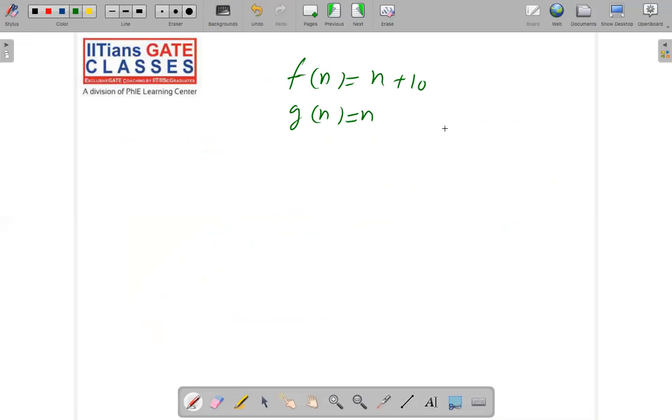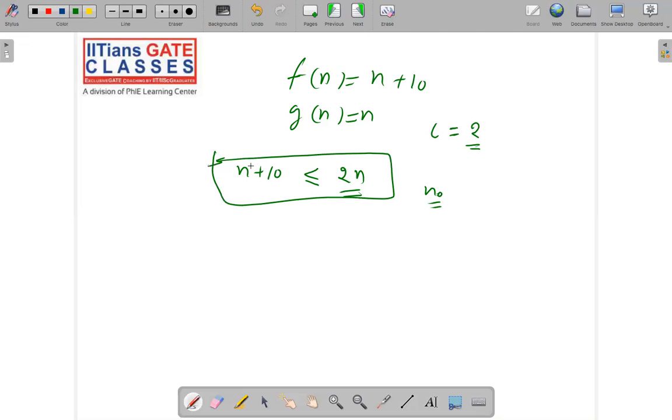If we take c as any value, for example, let's take c to be 2, then after a certain value, n plus 10 will be less than or equal to 2n. You can identify that value n0, right? But this will hold after a certain value.